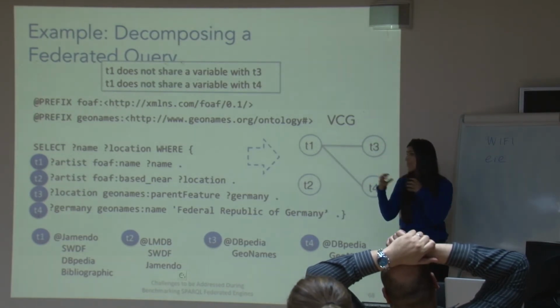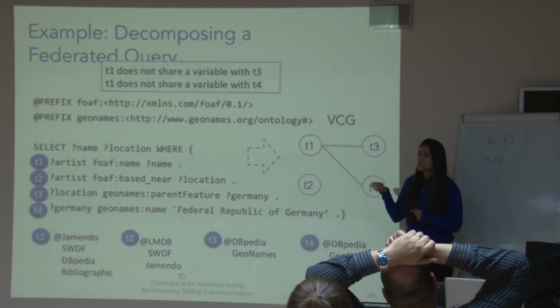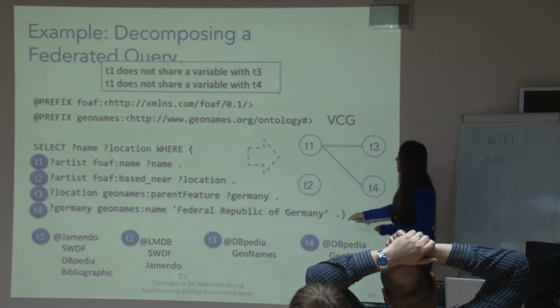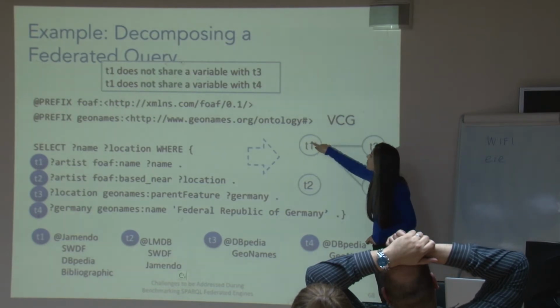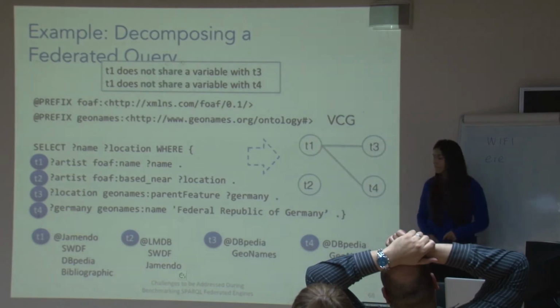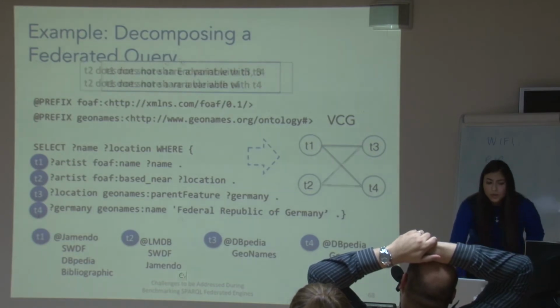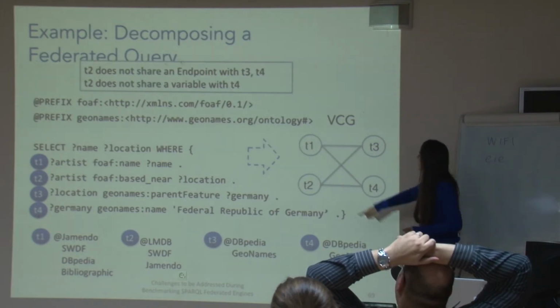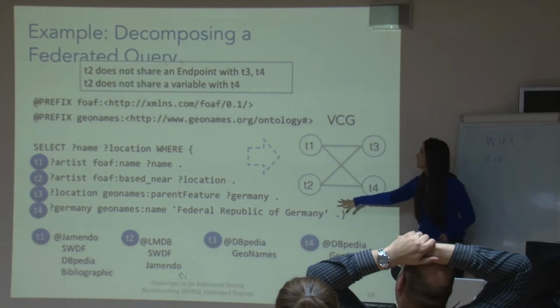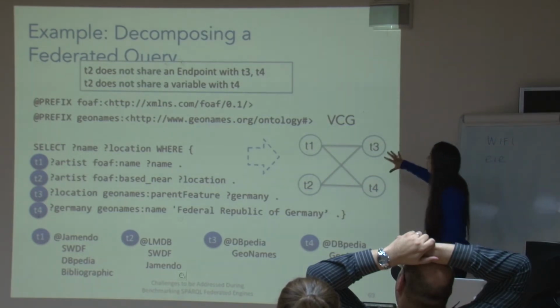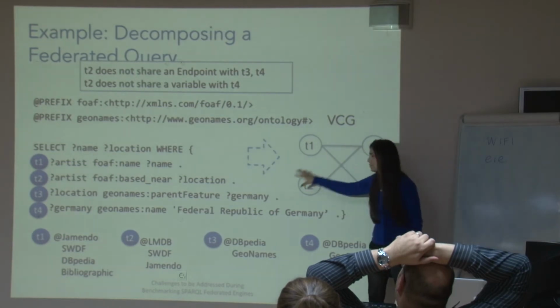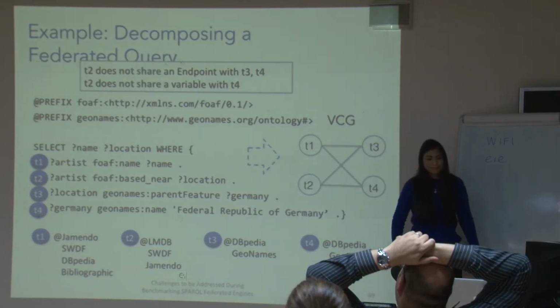If I join them, they will produce a Cartesian product, and I don't want that. That's why I put an edge between them. I do the same between T1 and T4. When I go to the next node, T2, I also add an edge between T2 and T3 and T2 and T4, and that's it. So this is the vertex coloring graph for the SPARQL query of FedBench.